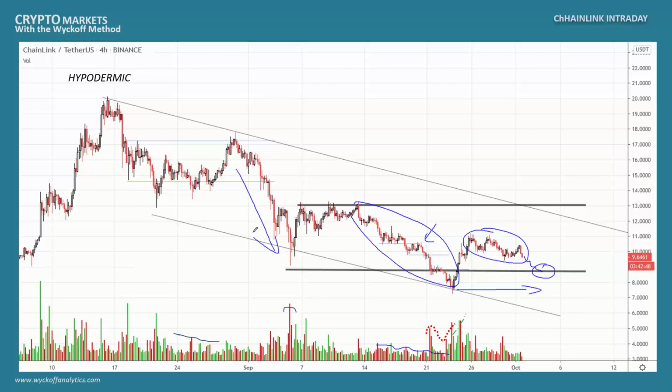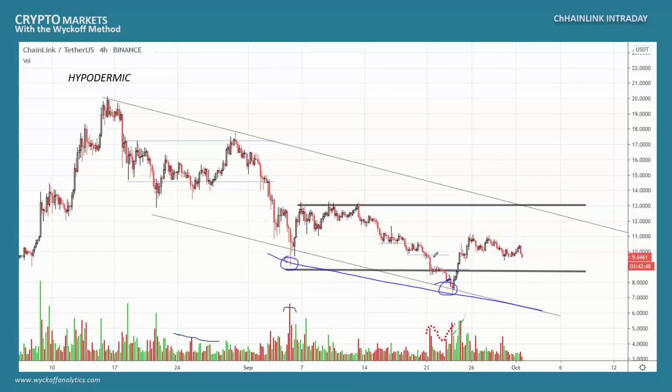It's not as dynamic in the increase of the volume signature and spread as we've seen before. So I wonder, Alessio, if we could use a downsloping structure here, and we found the resistance here, so this still could be phase B potentially.